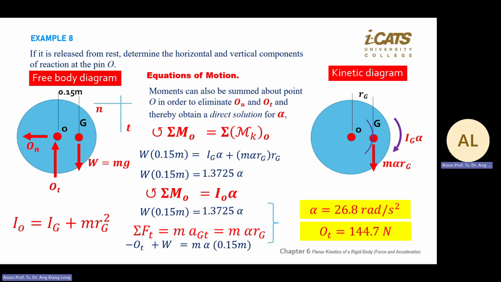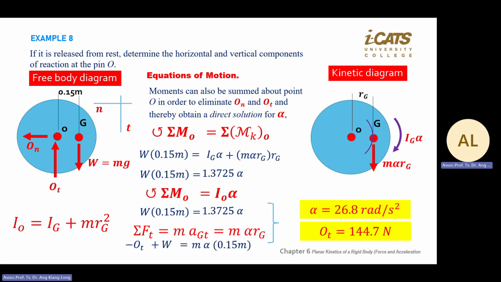Your D is R, the radius. Either you use the moment equation, you still get 1.72 alpha, and if you use the equation you learned today, you still get the same thing.